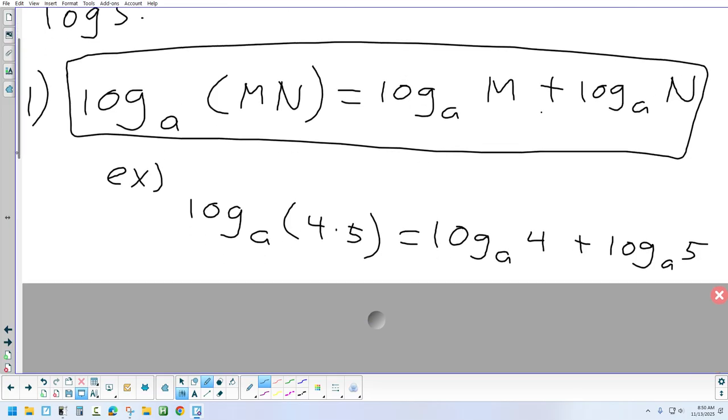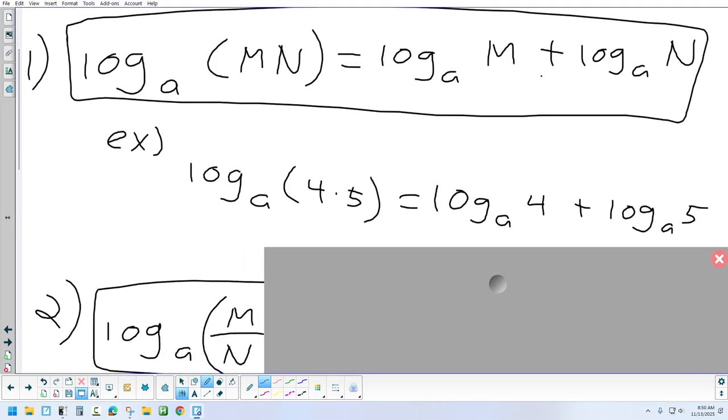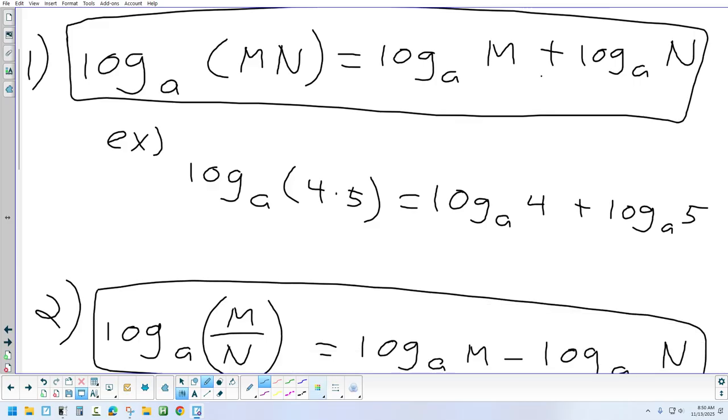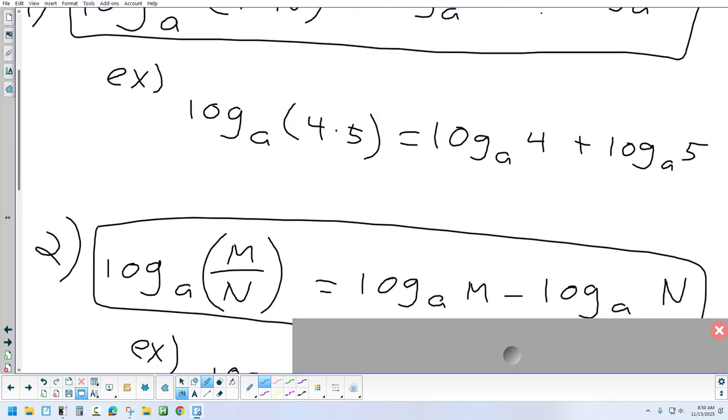How about when you have a quotient? What do you think a quotient inside the argument would turn into? Yeah? Subtraction. Yep, that would turn into subtraction. What's important here is when you do the subtraction, order matters.